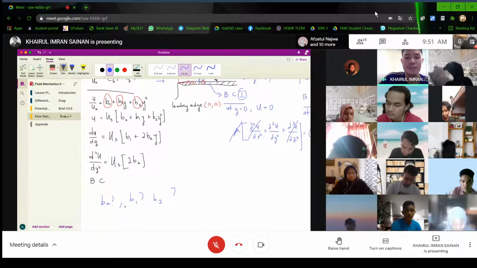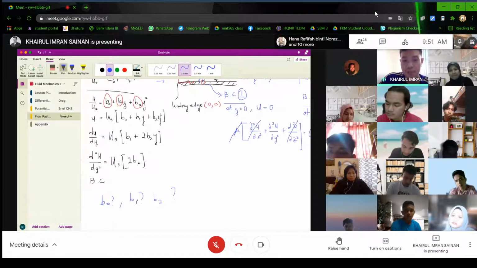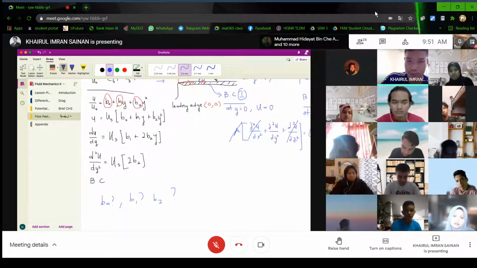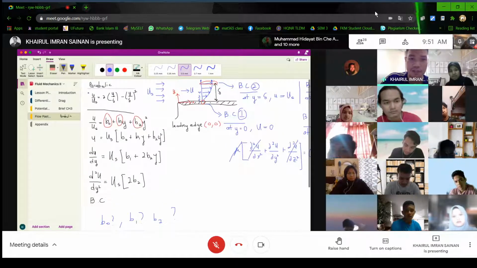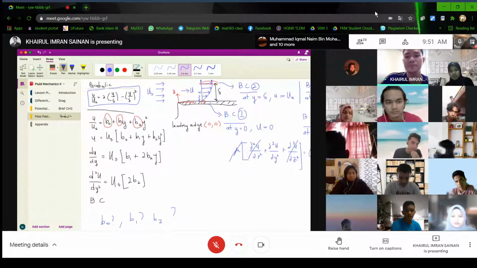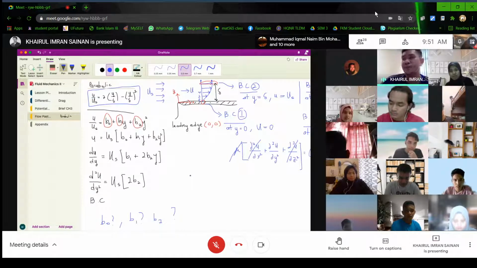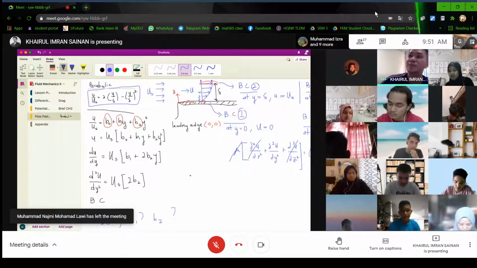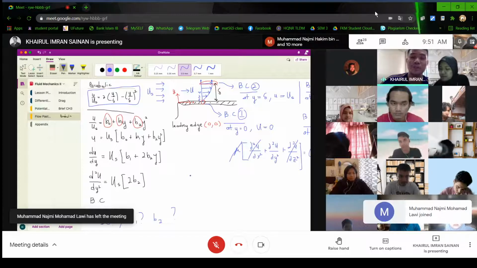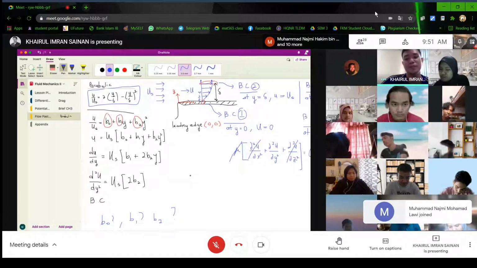For you to know whether your answer is correct or not, later when you put B0, B1, B2 back into this equation, you are going to get this one. So try it in your own free time, maybe after sahur. Okay, up to you. Or while waiting for buka.